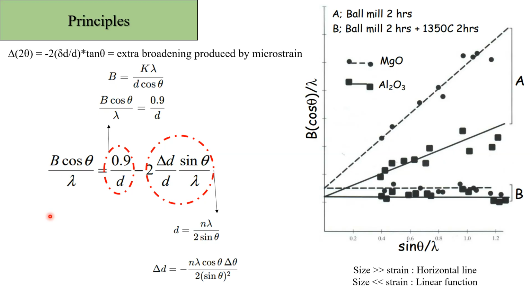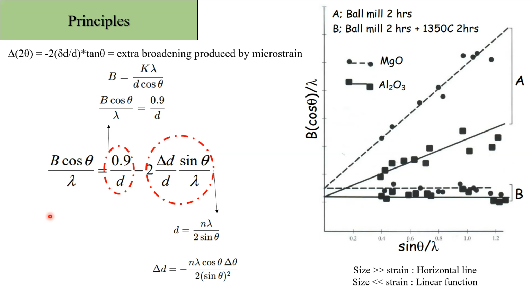For example, when we have a sample that was ball milled for 2 hours and we heat treat our samples, there will be a reduction in the role of strain, because when we heat treat our sample, the effect of the crystallite size will be more than strain. So as you can see, the plot is a horizontal line.